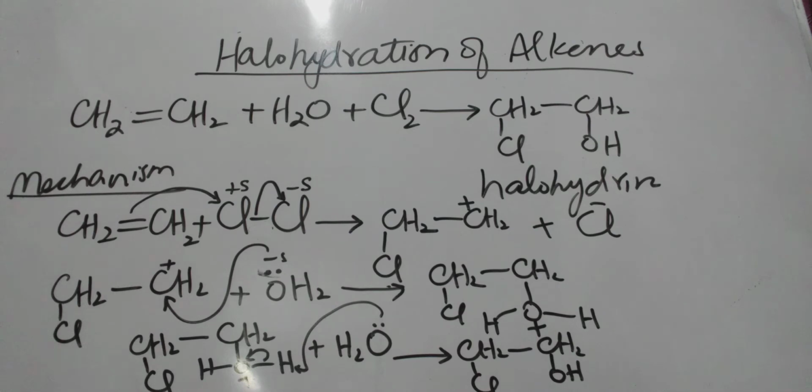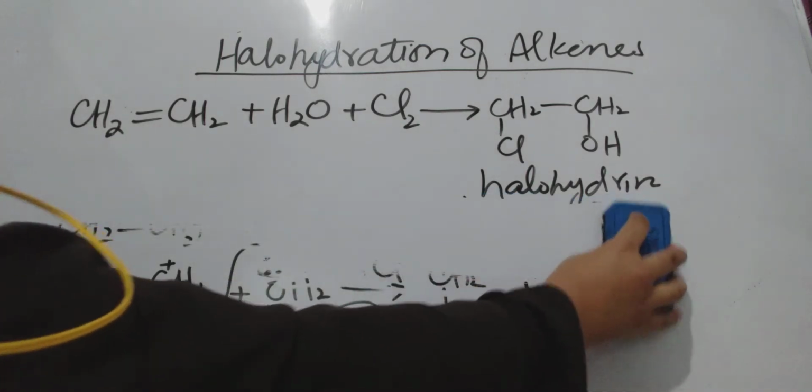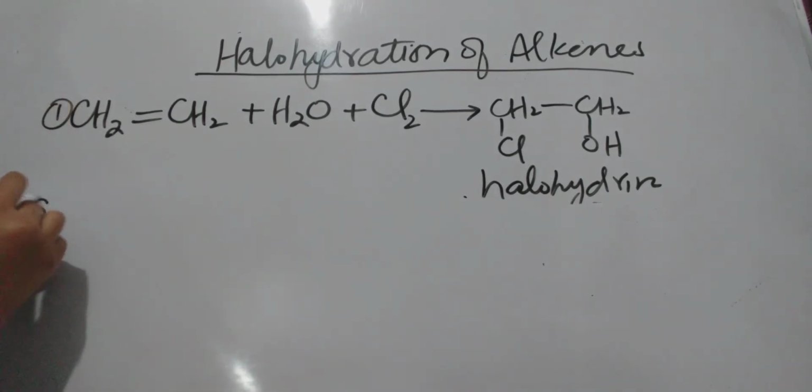So this is the simple concept about the formation of halohydrin. In each reaction, you must check whether the alkene is symmetrical or unsymmetrical. In the case of an unsymmetrical alkene, for example, let me write down the example here.